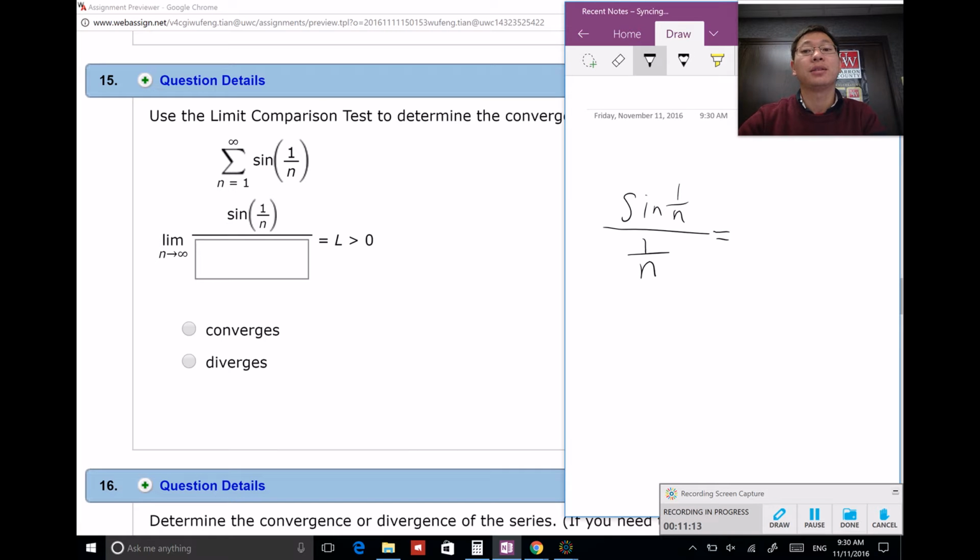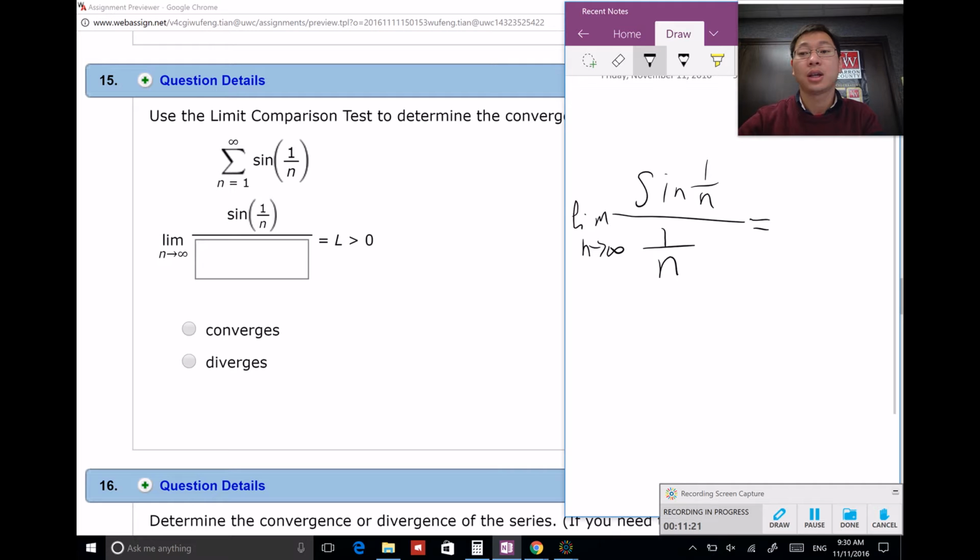I compare these two, limit as n goes to infinity. We know that as n goes to infinity, 1 over n goes to 0. So sine of 0 is 0, and 1 over n is 0. So it's 0 over 0 form. I can use L'Hopital's rule.